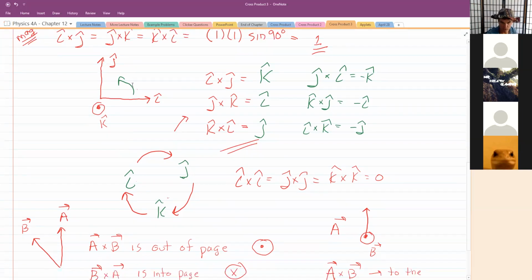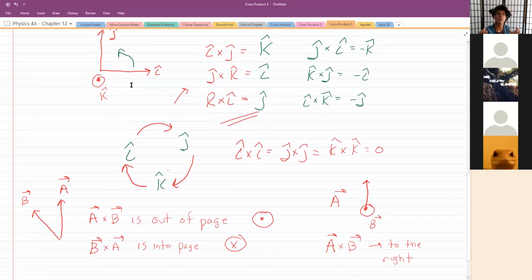So there's this little memory technique for remembering the cross product of unit vectors. I draw a little circle with i, j, k, and I have arrows going clockwise. If you go in the same direction as the arrows, the result is a positive sign.